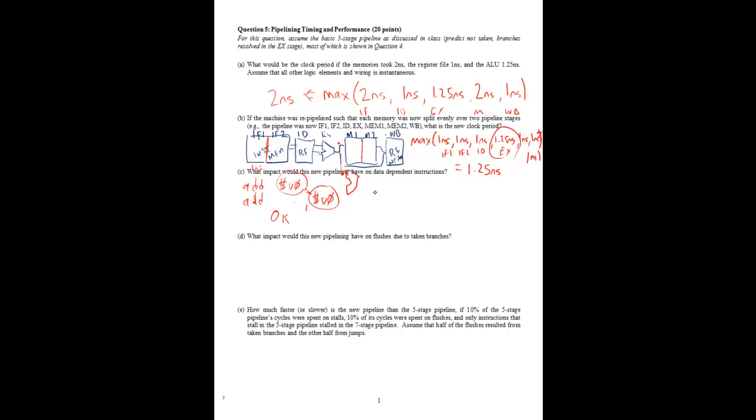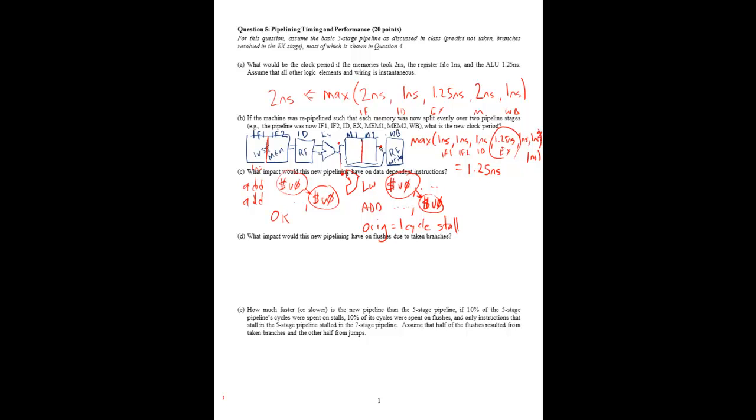The cases that cause problems are if we have a load which writes V0 followed by some operation that uses V0. Again, we have a true dependence between these instructions. On the original data path, this was a 1 cycle stall. But on the new data path, that value isn't produced until the end of the M2 stage.